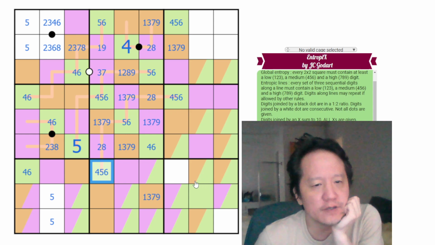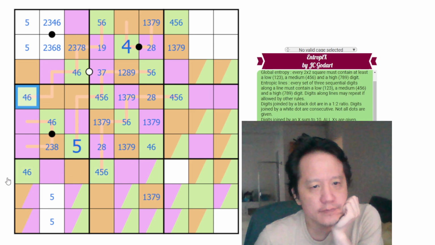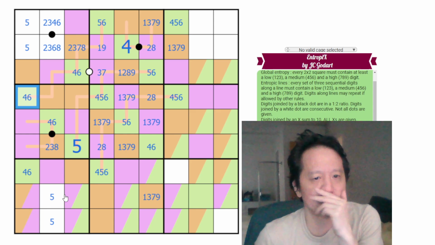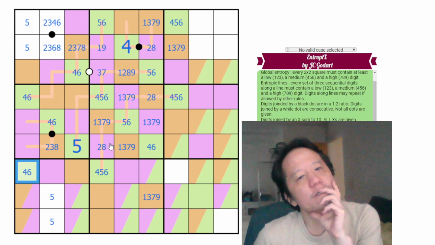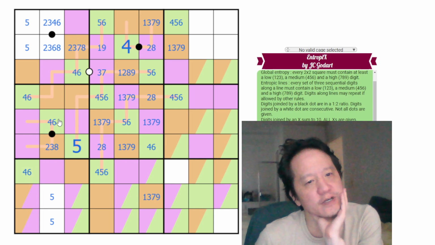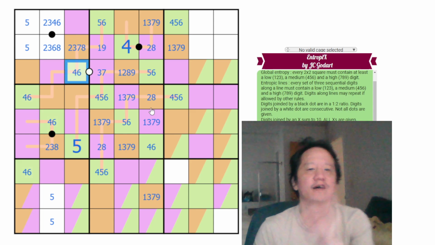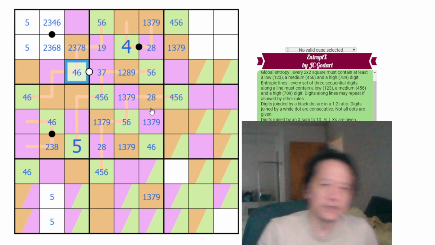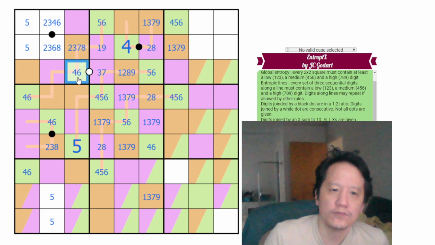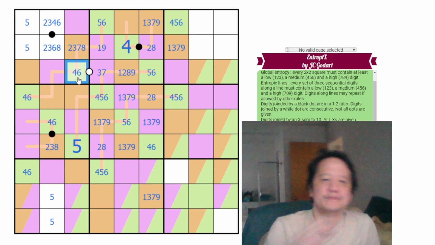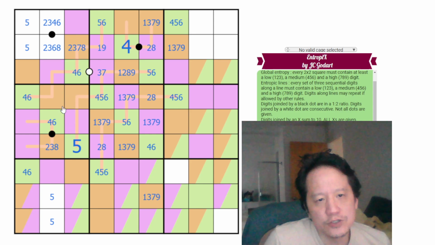What does this say? Hmm. We know these are opposites. So this is, oh. Interesting. Okay, so we know this cannot be this one. So this is the same as that, which is the same as that. Interesting. Okay. So these two are the same, essentially.